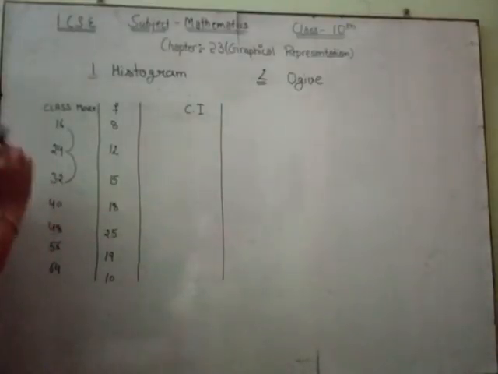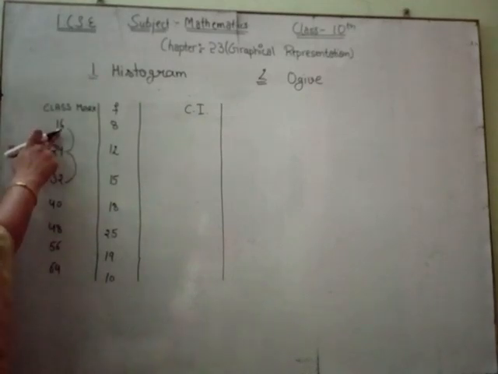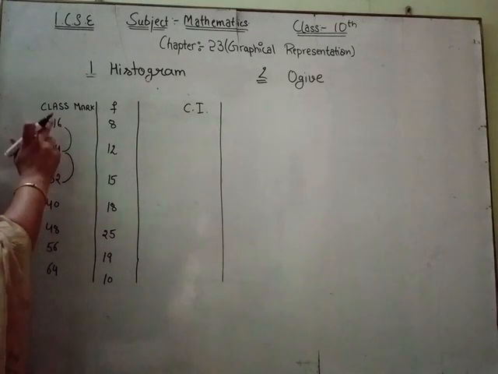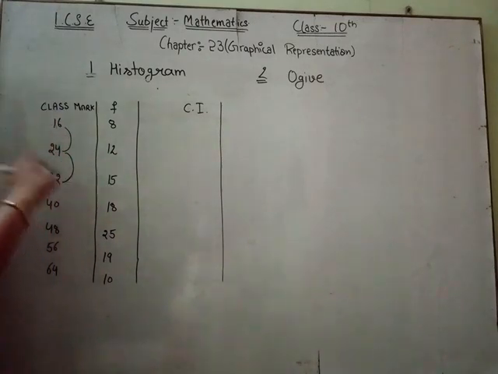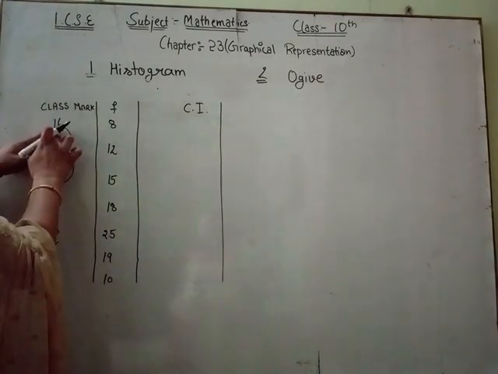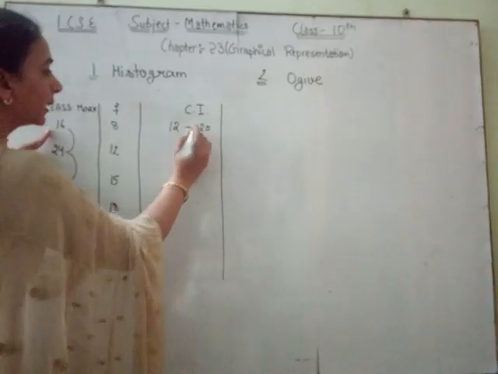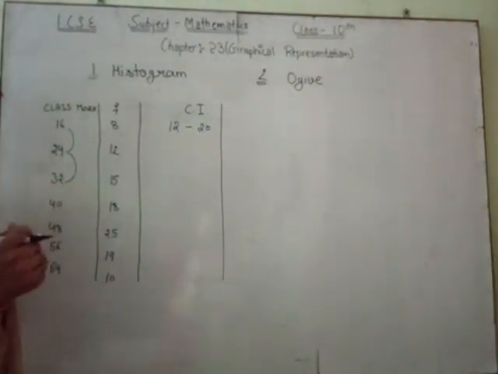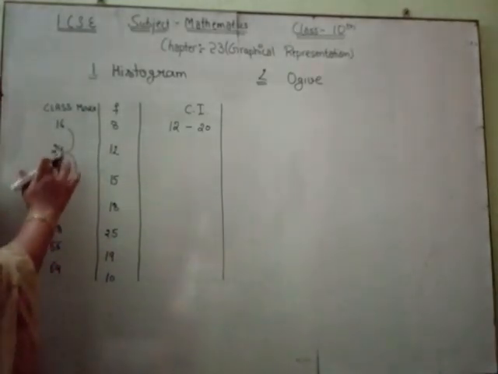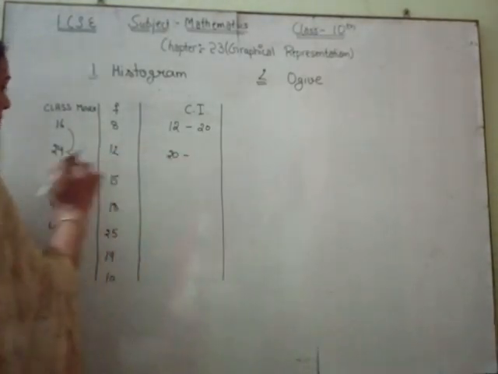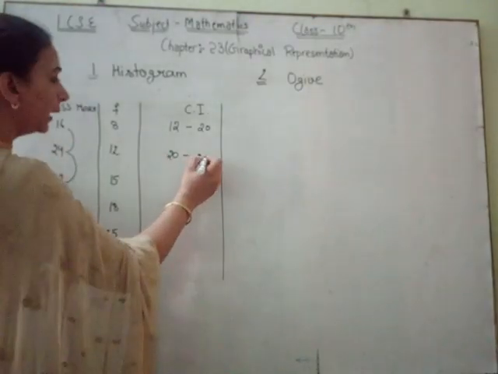We subtract 4 from 16, that is the lower limit, and we add 4 to 16, that is the upper limit. 16 minus 4 is 12, and 16 plus 4 is 20. Then the first class interval is 12 to 20. Next, same: 24 minus 4 is 20, and 24 plus 4 is 28.